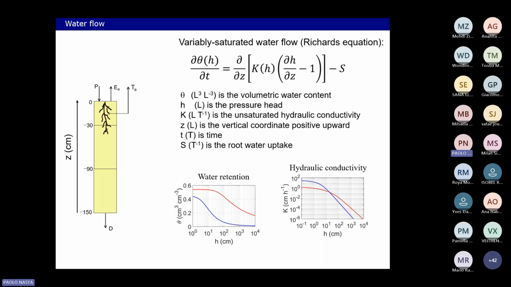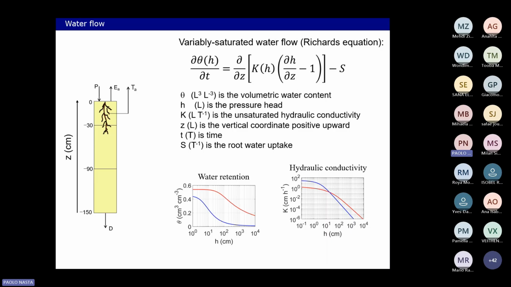You can see the S term, which is the sink term, which represents the root water uptake, as we will see later on. But the key information to solve numerically the Richards equation is, of course, again the soil hydraulic properties, and they are two: the water retention function and the hydraulic conductivity function.